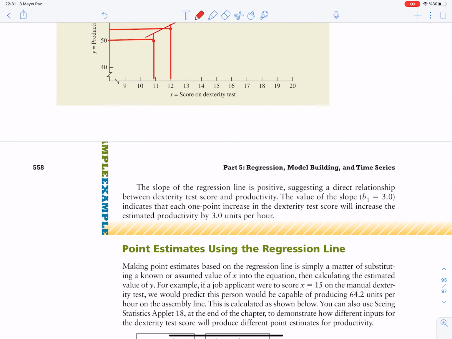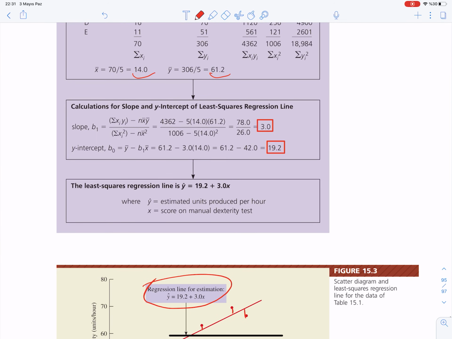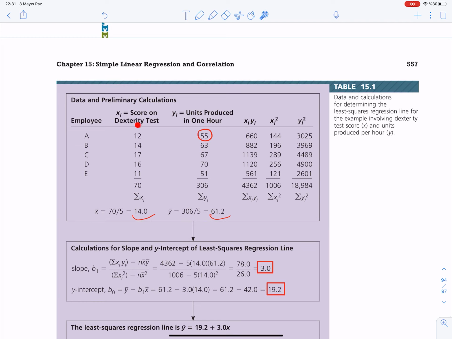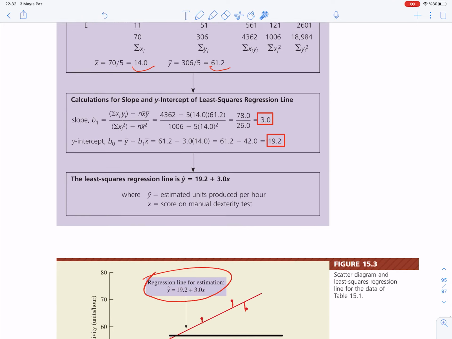You can use the regression line y hat equals 19.2 plus 3 times x to estimate the units produced in an hour that is not used within the data set. Consider a person who is not one of these employees, say with a Dexter score of 15.